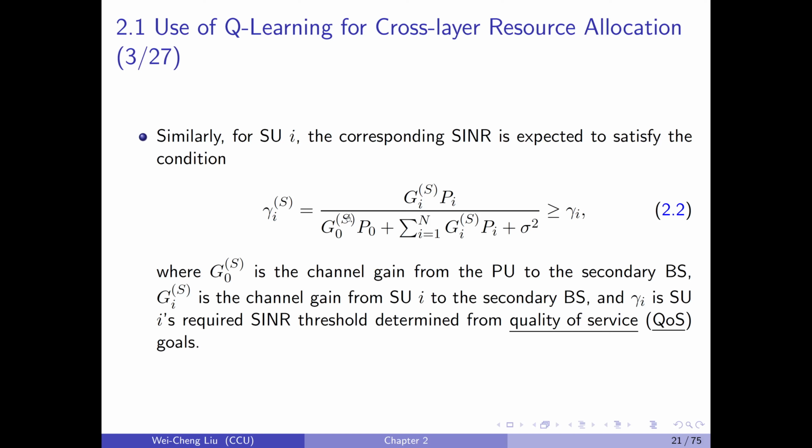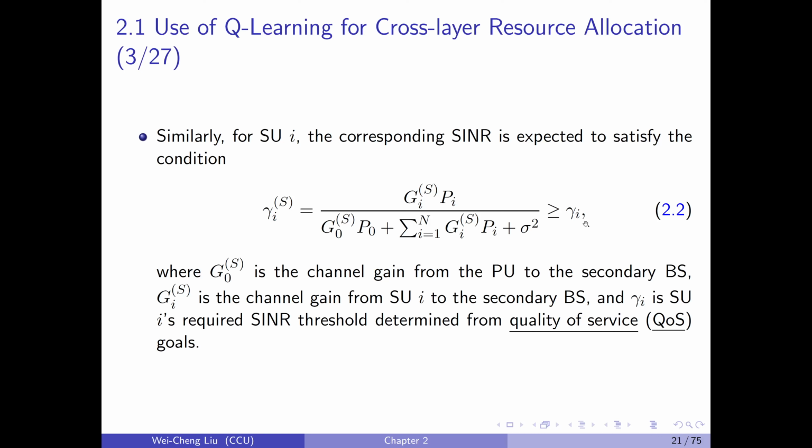Okay, here is the term G0S. And GIS is the channel gain from secondary user I to the secondary base station. Okay, and here is the term GIS. And gamma I is secondary user I's required SINR threshold determined from quality of service QoS goals.